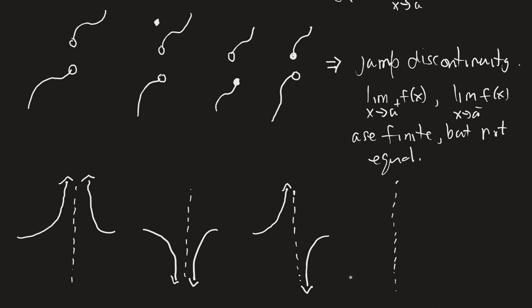There is this old saying, and I always cringe when I hear it because it's not true. When you hear that, oh, a function can never touch its asymptotes. That is not true, right? For instance, here's another way the function could have an infinite limit in one direction, like this, let's say from the left, and then from the right, it could be a piecewise function that looks like this, right?